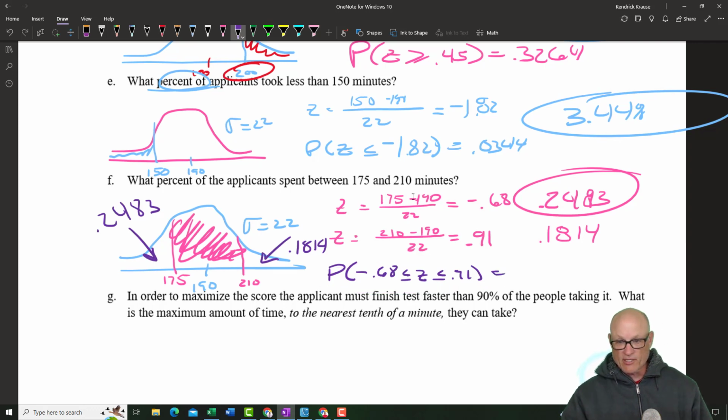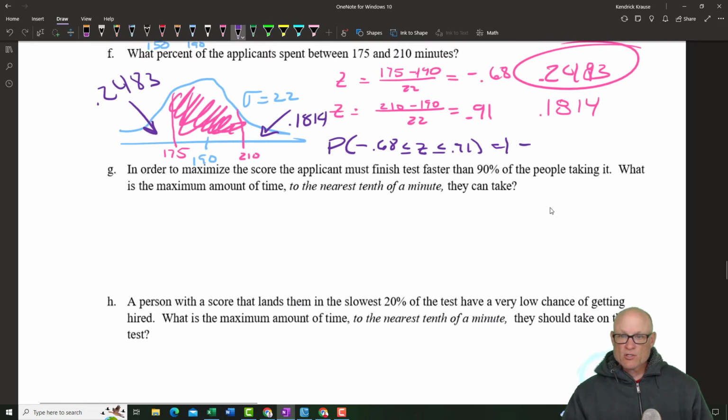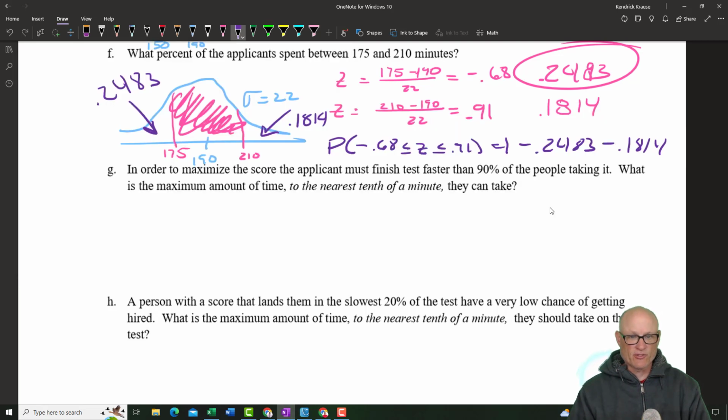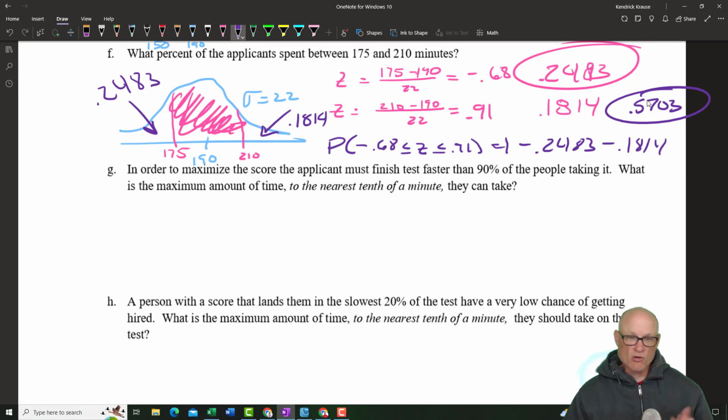What I really want to see for everybody is 1 minus 0.2483 minus 0.1814. And I get 0.5703. So the answer to this question is 0.5703, or 57%.